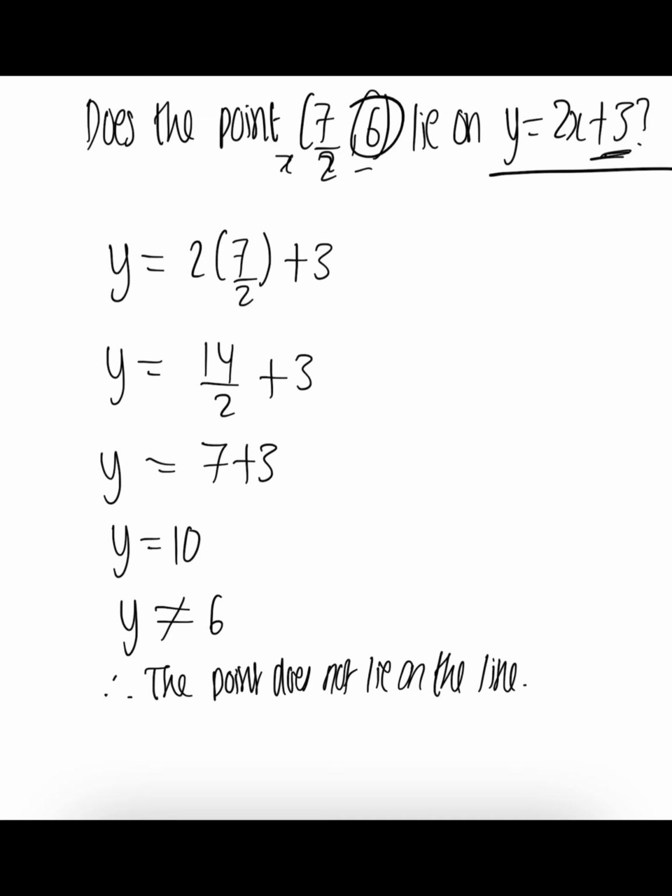Now let's go on to this question. 3y plus 2x equals 7. Let's give this a tick as well. First, we are just trying to put it into the form y equals mx plus c. Let's do that really quickly.